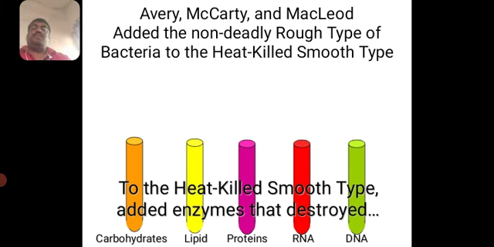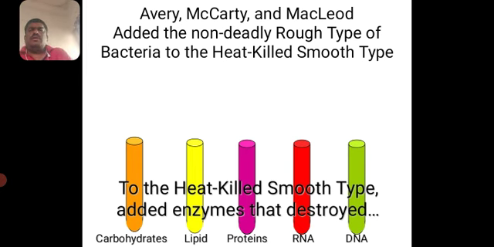If the transforming principle is a carbohydrate, then because of the addition of a carbohydrate denaturing enzyme, the transforming principle also gets denatured. So there would not be a transformation. Then the injection of the first tube is made to the mice, and the mice die.